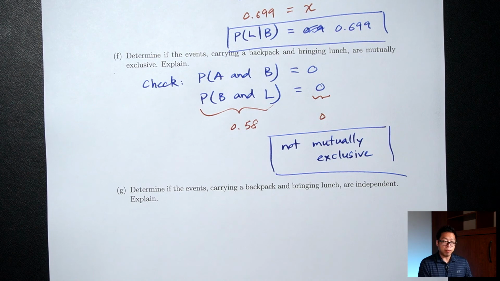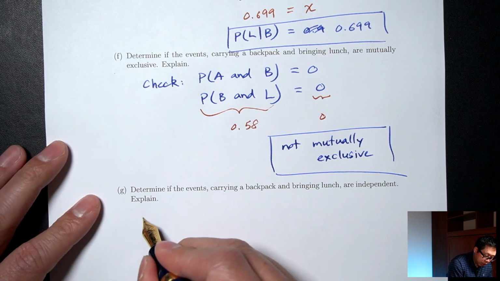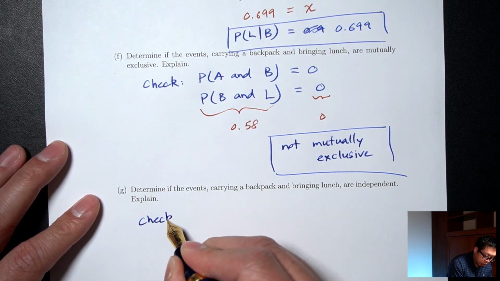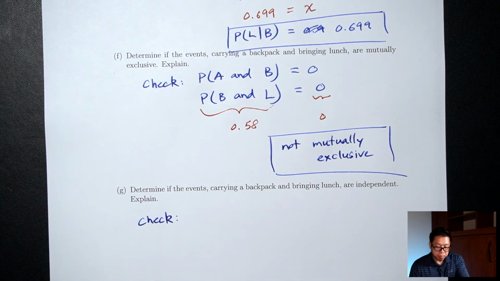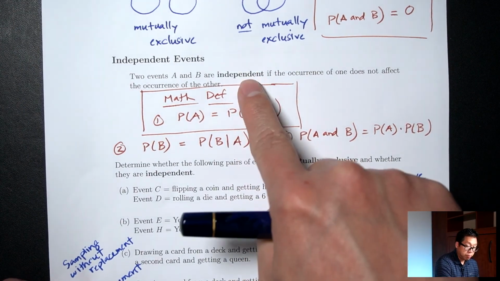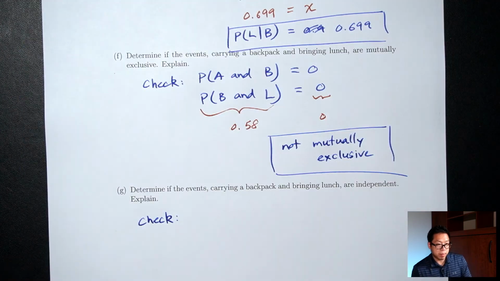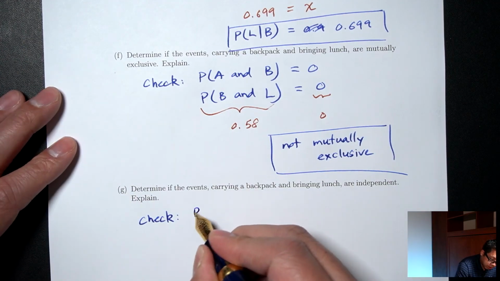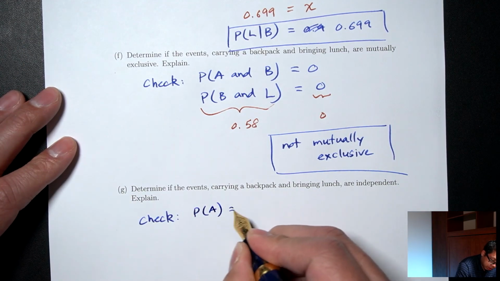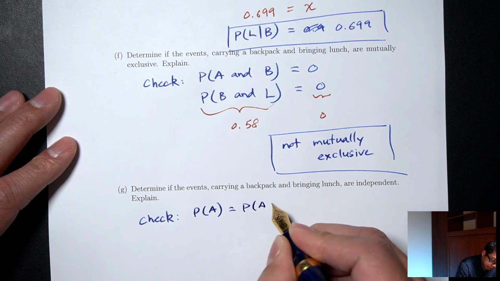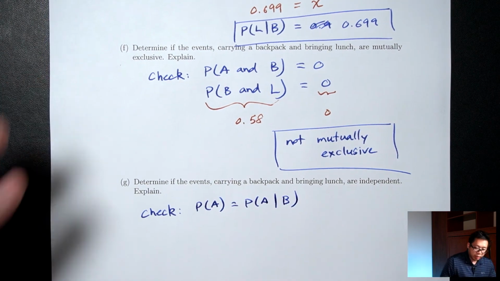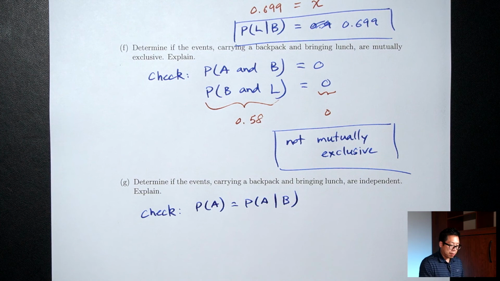G, determine if the events carrying a backpack and bringing lunch are independent. For independent, we're checking the other equation: P of A equals P of A given B. In this question we're talking about backpacks and lunches, so that's B's and L's.